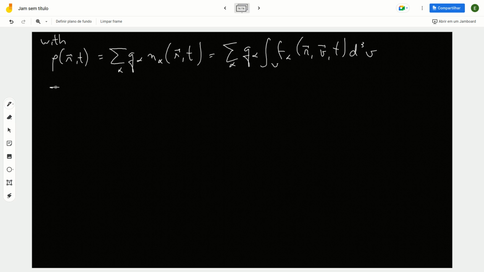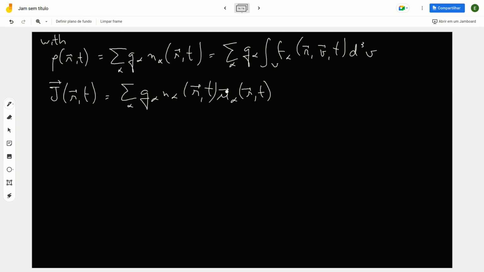And J is Q alpha times the mean velocity in the element for alpha particles. It's the current. You may check that it may be written like this.